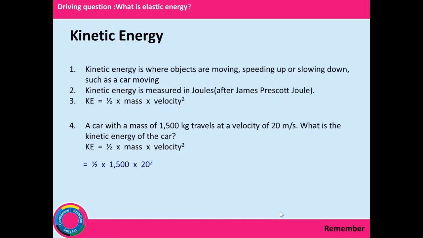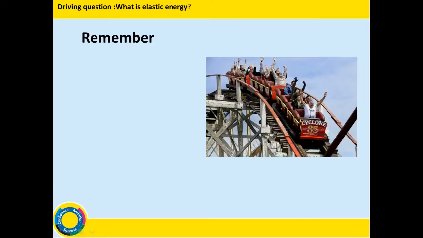Now this is when your maths comes in. Remember BIDMAS, so the order that you should do things in: brackets, indices, divide, multiply, add, subtract. So we want to square the 20 first, then multiply it out, and come up with an answer of 300,000 joules, which is 300 kilojoules.